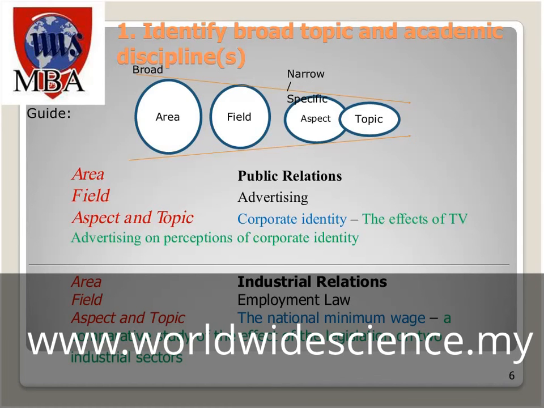For example, your area is public relations, the field is advertising, and the aspect and topic is corporate identity. So your topic can be the effects of TV advertising on perception of corporate identity. You see the general, and then you come to the narrow.